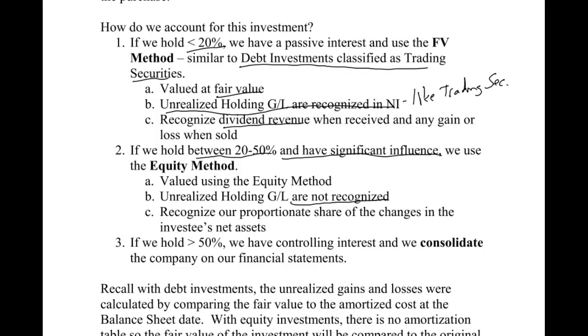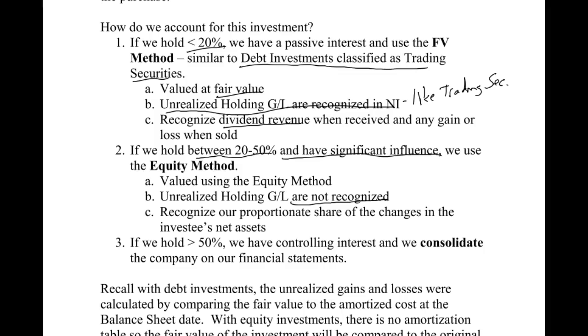And then we recognize our proportionate share of the changes in the investee's net assets. That's how we increase or decrease our investment. I think the equity method is actually the easiest part of the chapter because every single journal entry has a debit or a credit to the investment, and it just makes life a little bit easier.